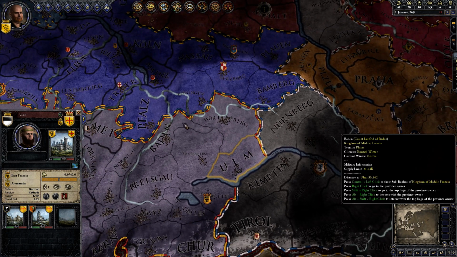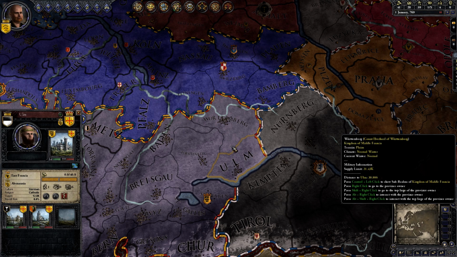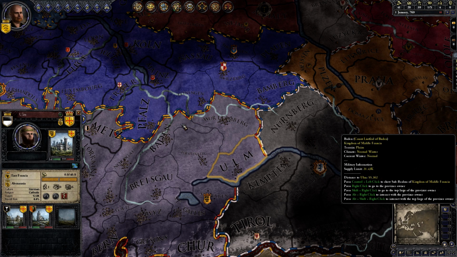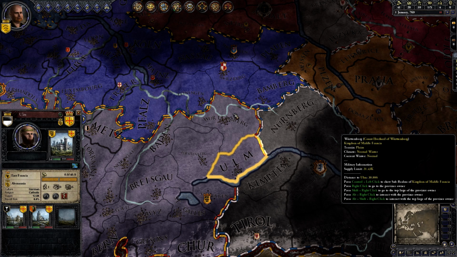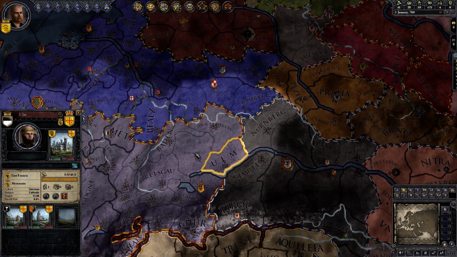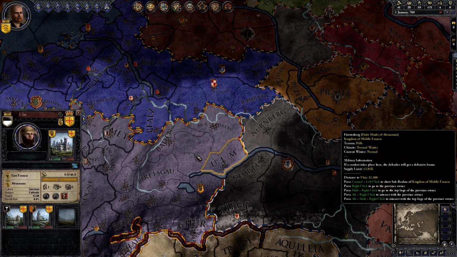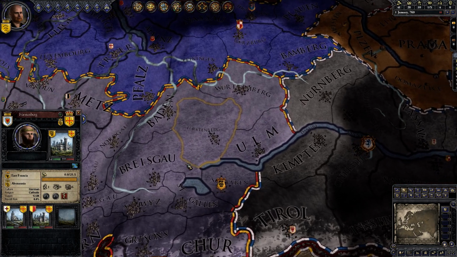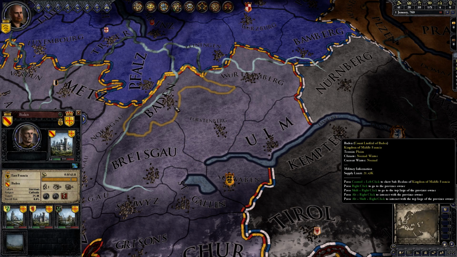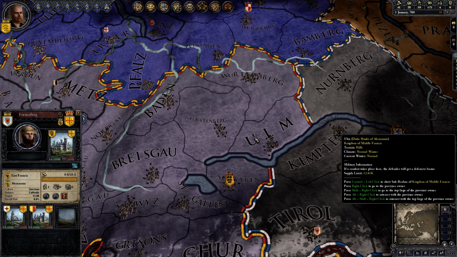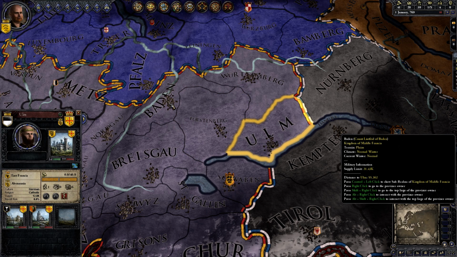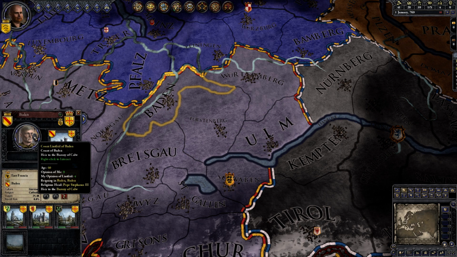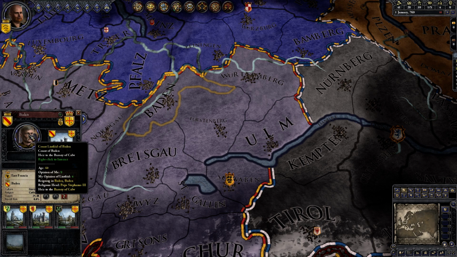We have several neighbors. There are neighbors that are part of our realm, and there's neighboring realms. So we have 3 neighbors in our realm. We have Ulm, Fürstenberg, and Baden. Ulm and Fürstenberg are both controlled by our liege, and Baden is controlled by the Count Liutfrid of Baden.